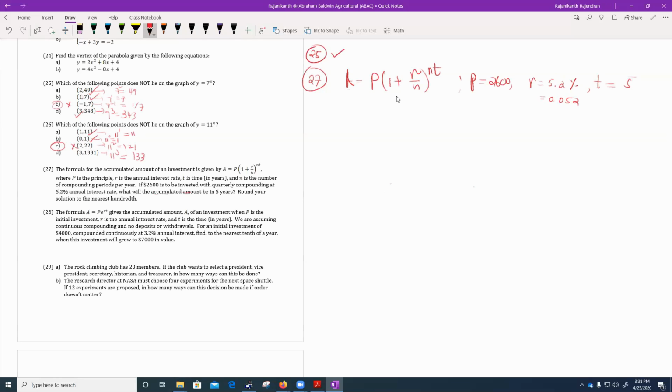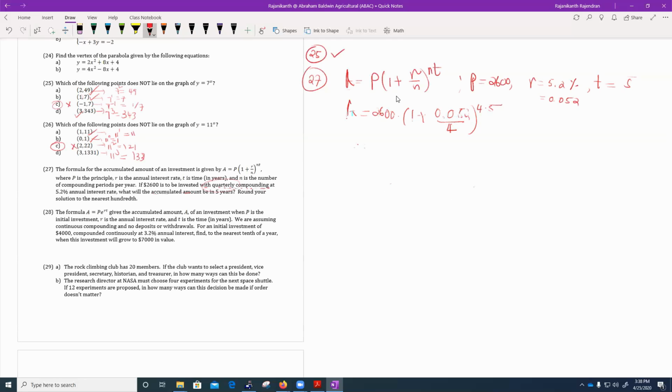The accumulated amount A is given by P, which is now 2600, times 1 plus R, which is 0.052, over N. Okay, what is N here? You are calculating investing with the quarterly compounding, so it is quarter in a year, therefore it is 4. 4 times you are calculating, so it is 4 times number of years, which is 5.